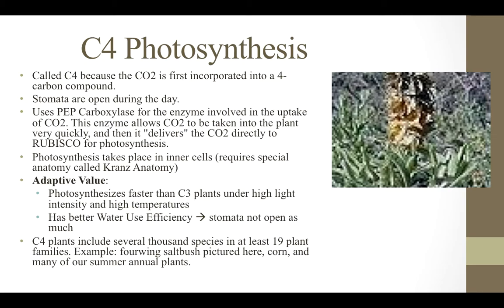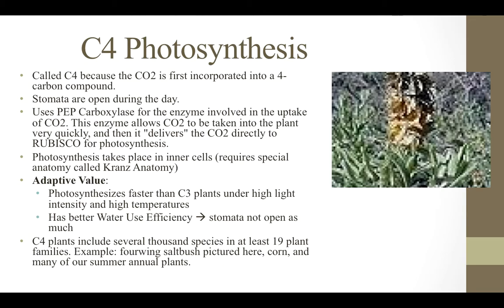This enzyme allows CO2 to be taken into the plant very quickly, and then it delivers the CO2 directly to Rubisco for photosynthesis. Photosynthesis takes place in inner cells and requires special anatomy called Kranz anatomy. The adaptive value: it photosynthesizes faster than C3 plants under high light intensity and high temperatures, and has better water use efficiency, since the stomata are not open as much.